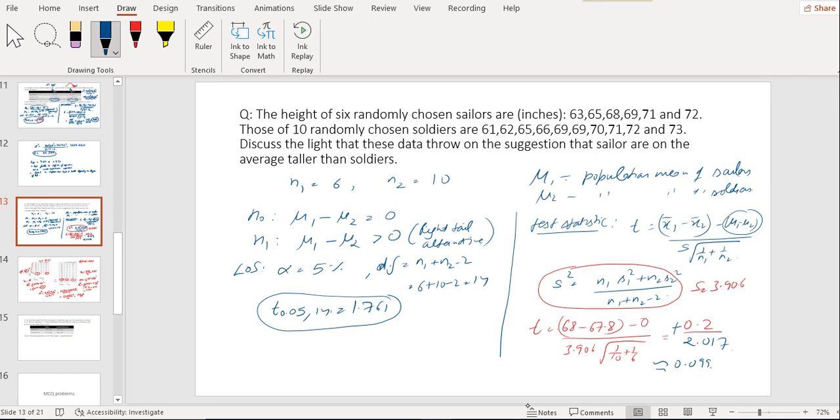Now the calculated value of T is 0.099, and the tabulated value is 1.761. So what does it mean?